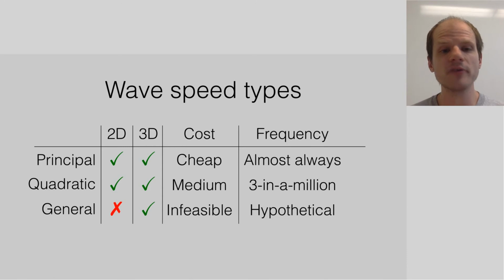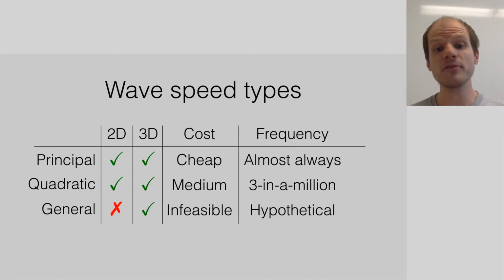And in practice, we found that this was just not worth computing. In all of our simulations, we only used the wave speeds corresponding to principal directions, which are almost always corresponding to the maximum wave speed. In addition, in 3 dimensions, we have another type of wave speed that is a mixture of all 3 principal stress directions.